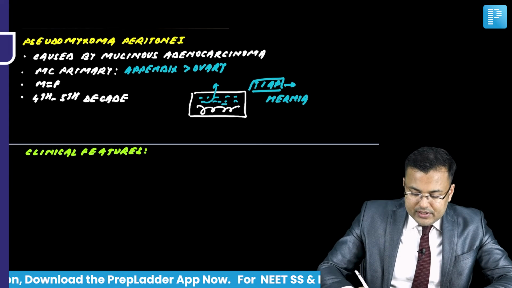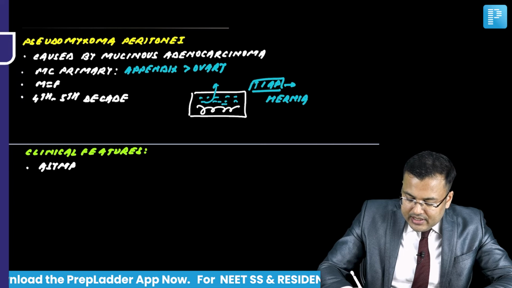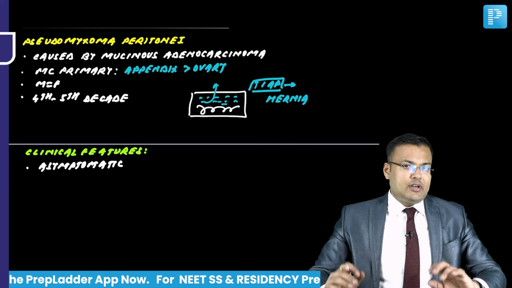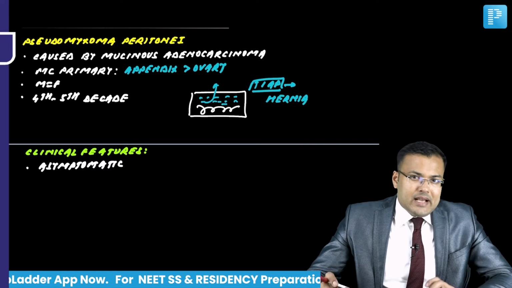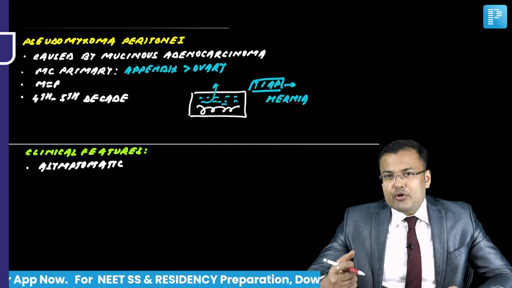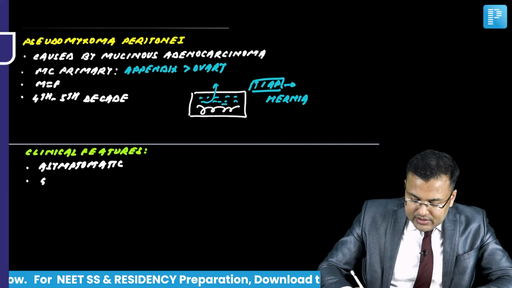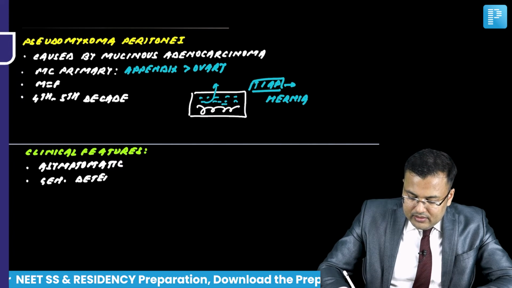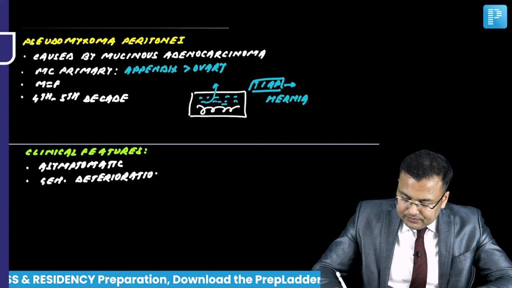So what are the clinical features? Most of the patients are asymptomatic initially. After that, there is global deterioration of health, meaning generalized deterioration of health. And why is there generalized deterioration of health? Because the amino acid is used up in the production of jelly-like substance.